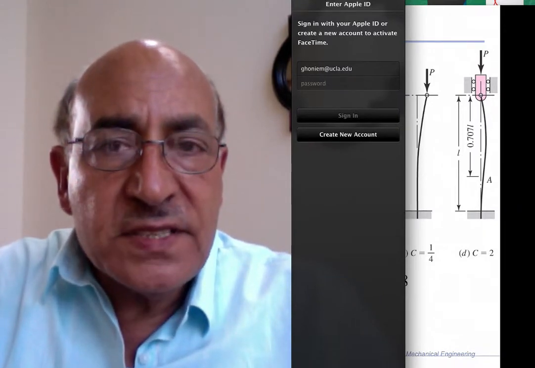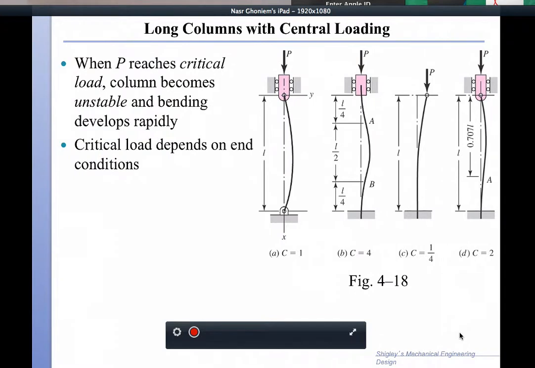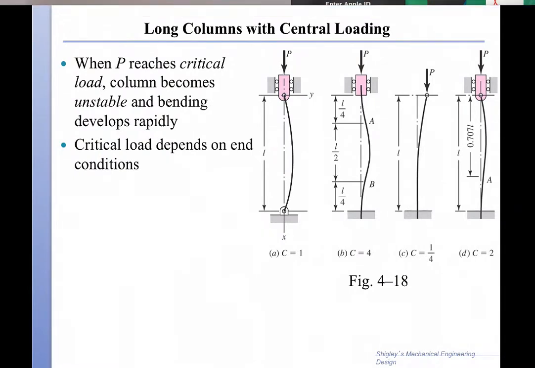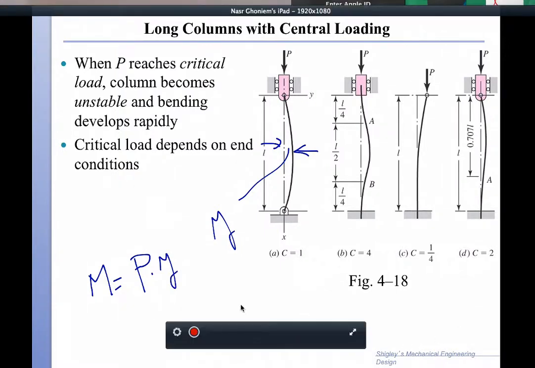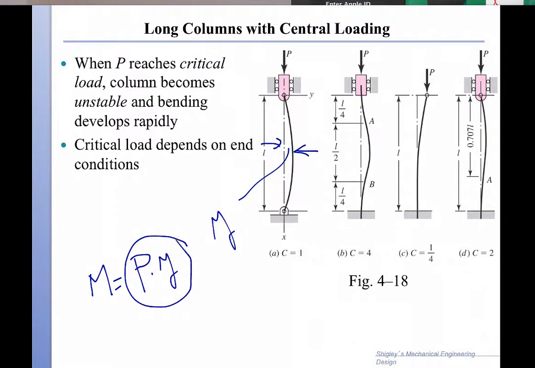In all of these situations that you see here, with the distance y from the neutral axis, the local moment is simply the axial force times that distance y. In other words, as the beam deflects more, the moment increases.